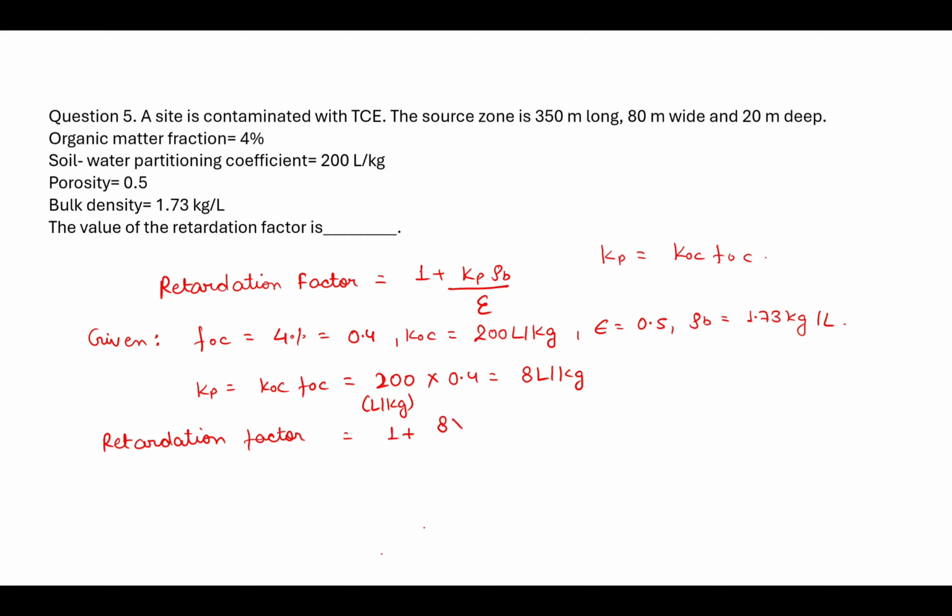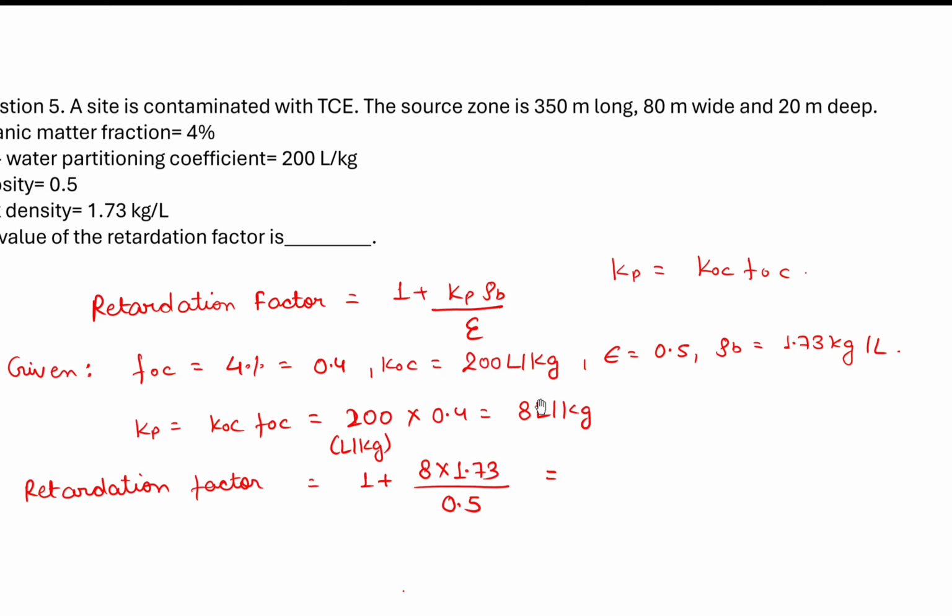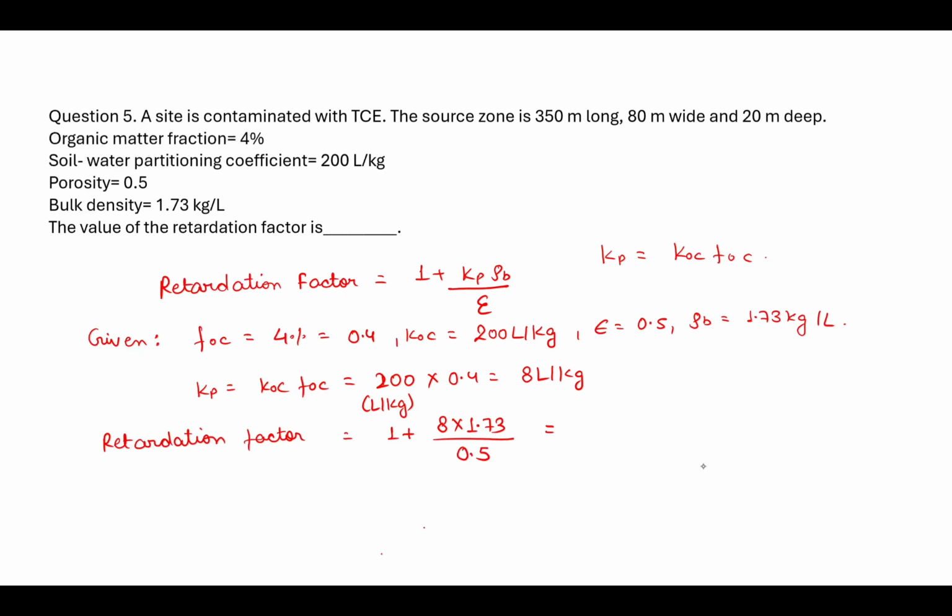Kp we have calculated as 8. The bulk density of soil is 1.73 and the porosity is 0.5. So let's solve this and find out the retardation factor. It's coming out to be 28.68. So this is the retardation factor.